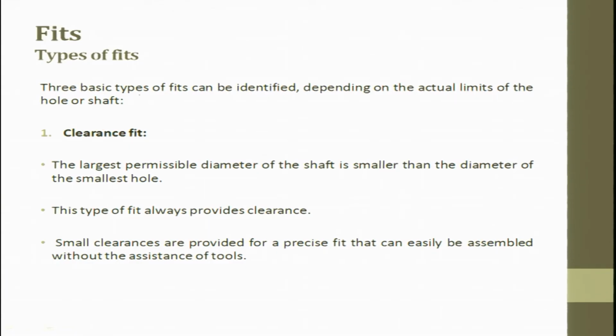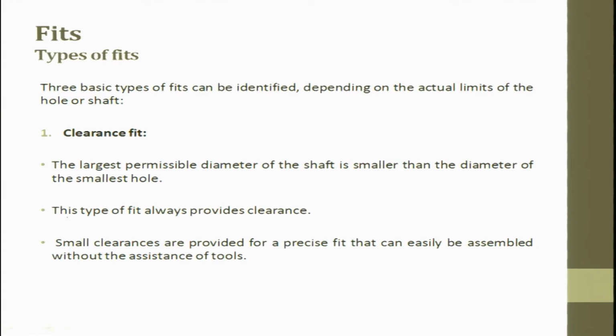So, the 3 basic fits can be identified depending upon the actual limit of the hole or the shaft. Clearance fit: the largest permissible diameter of the shaft is smaller than the diameter of the smallest hole, which I told you earlier. It is very clear that the hole size is larger and the shaft size is smaller.